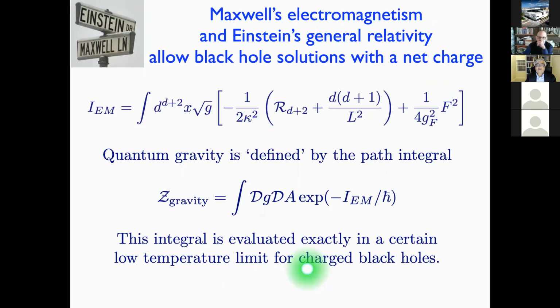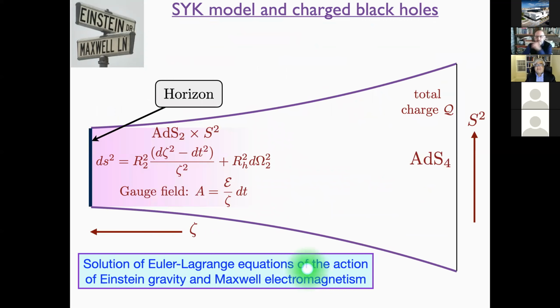All right, so first, let's just do the solution of the Euler-Lagrange equations, and here explicitly I'm displaying this factorization property. This is the part of the metric that's called AdS2. This comes from the solution of the 4-dimensional equations. Zeta is the radial direction, t is time, and this is the AdS2 metric.